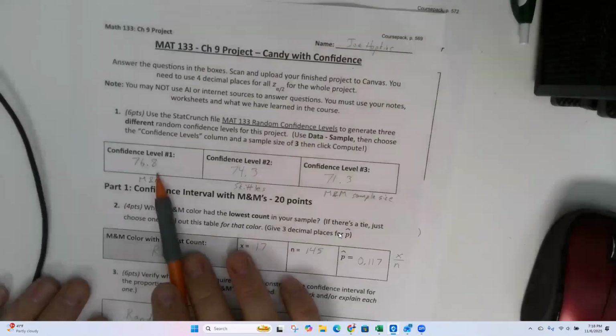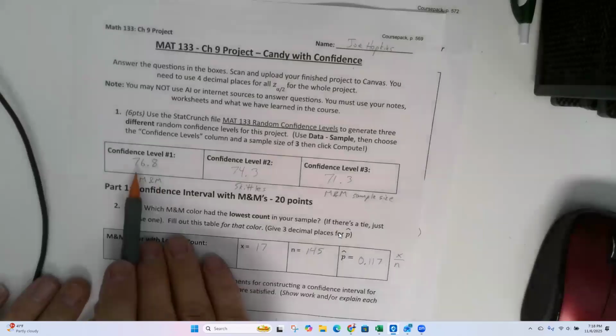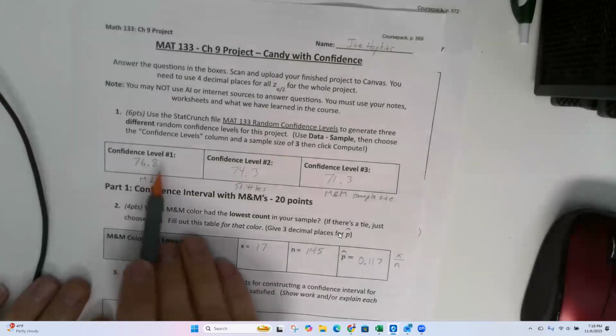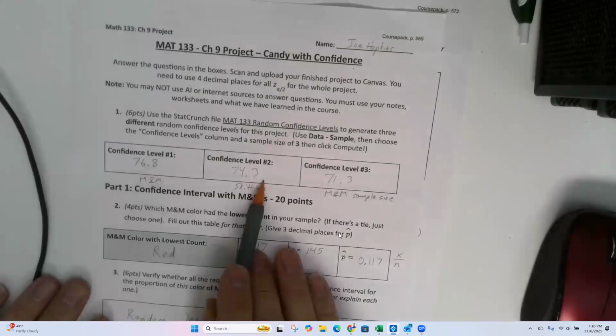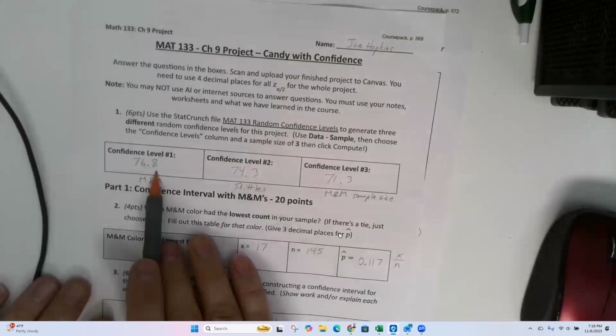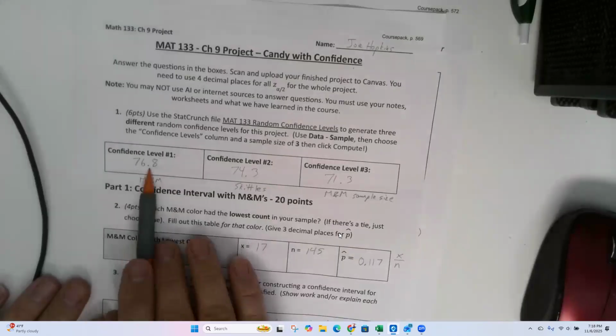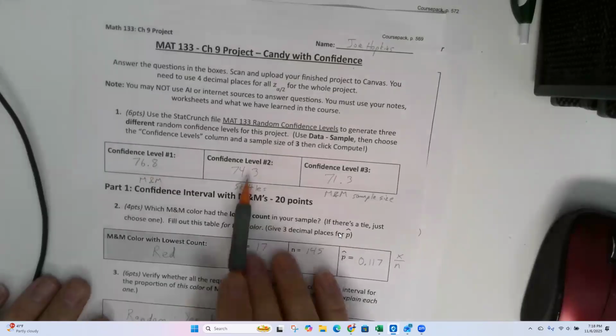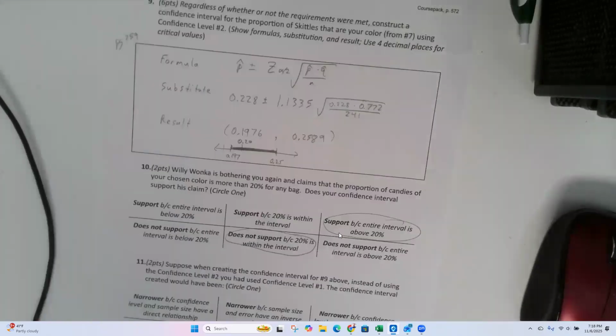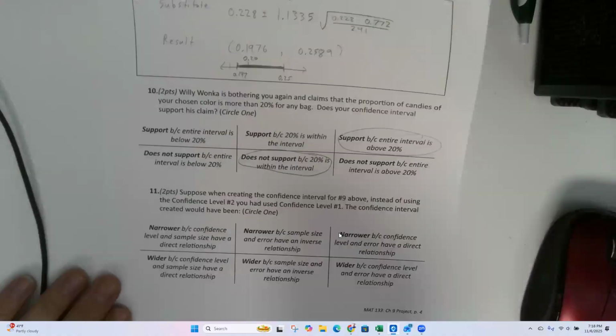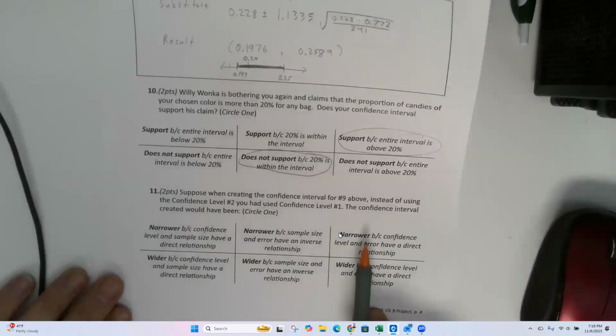For this case, my number 1 was slightly larger than my number 2, so since my number 1 was bigger, it was more accurate. This one, on the other hand, was slightly smaller. So would it make it narrower or larger?